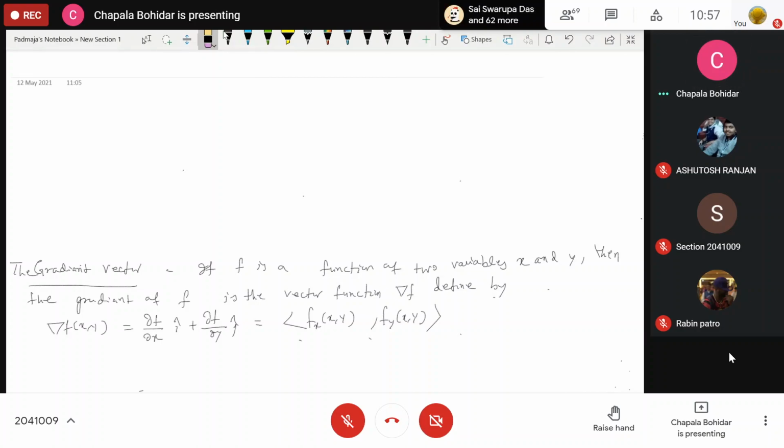Example. If f(x, y) is equal to sin x plus e to the power xy, then we find the grad of f. Del f by del x is cos x plus y e to the power xy. Okay?